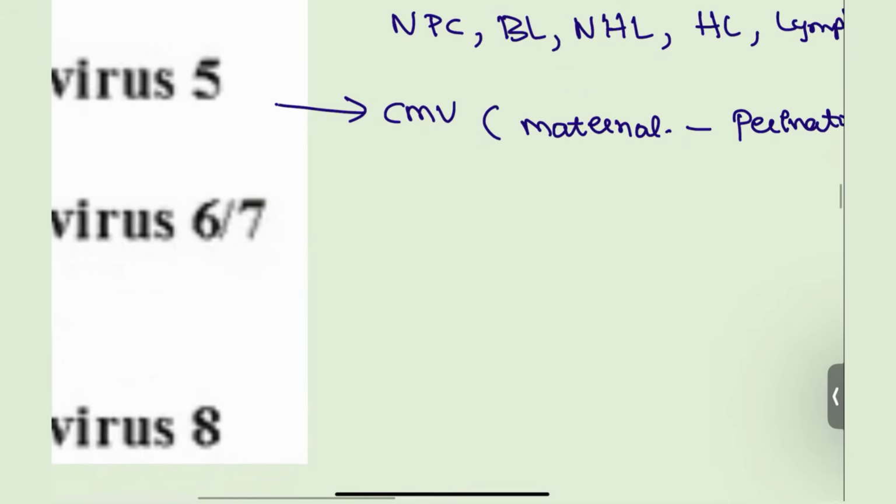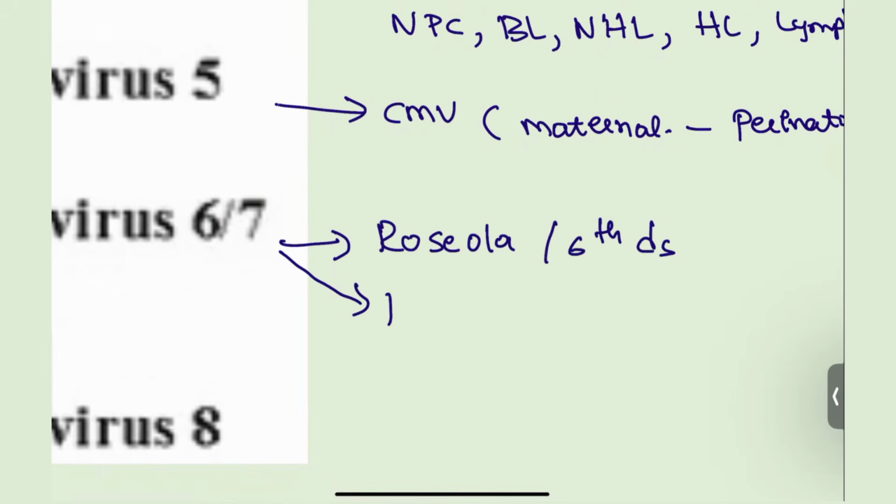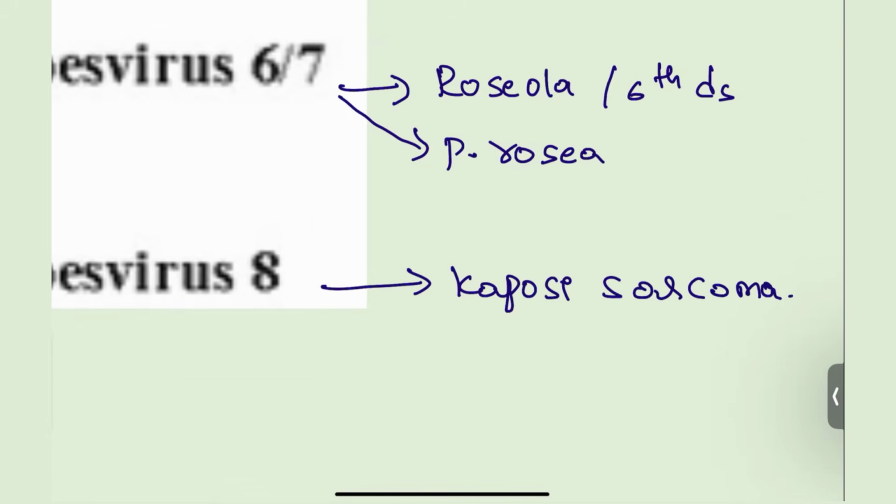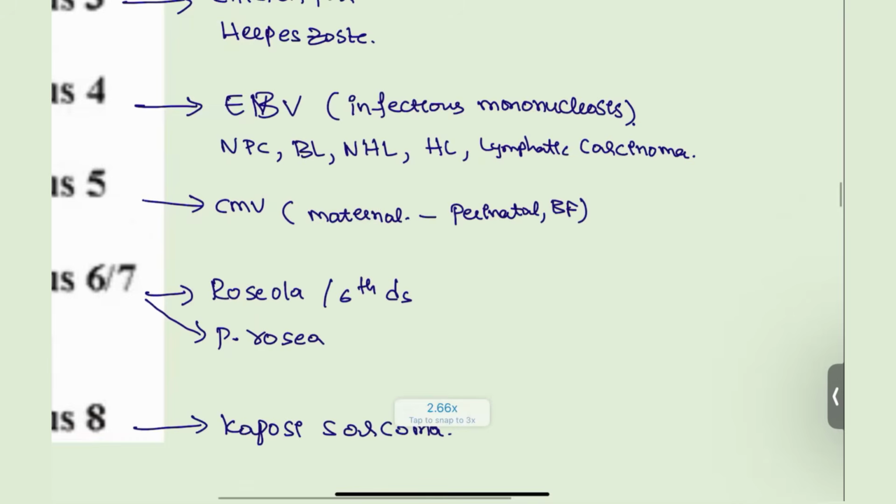Next, HHV6 and HHV7. These cause roseola, also known as the sixth disease, and also pityriasis rosea. Next, herpes virus 8 is going to cause Kaposi sarcoma, right?